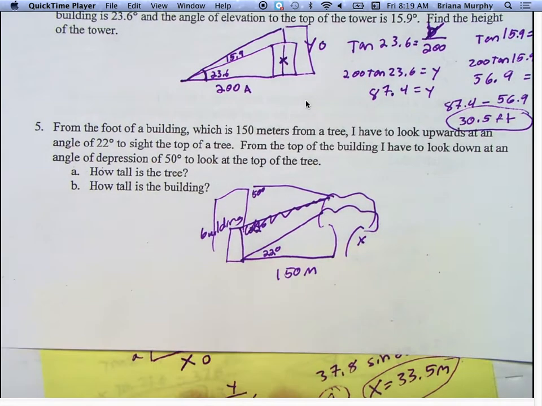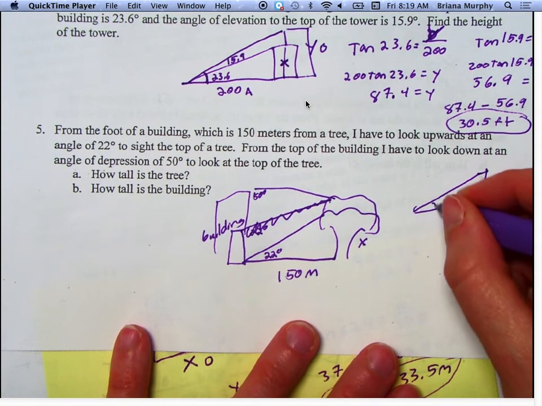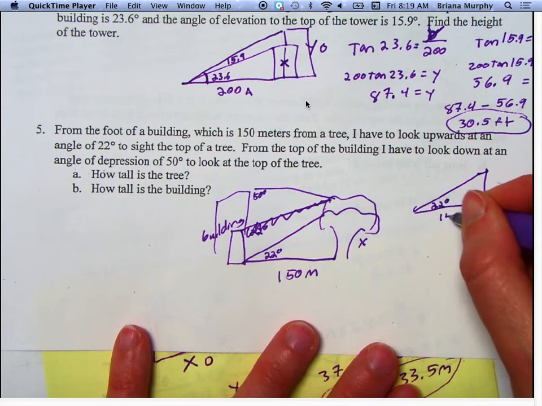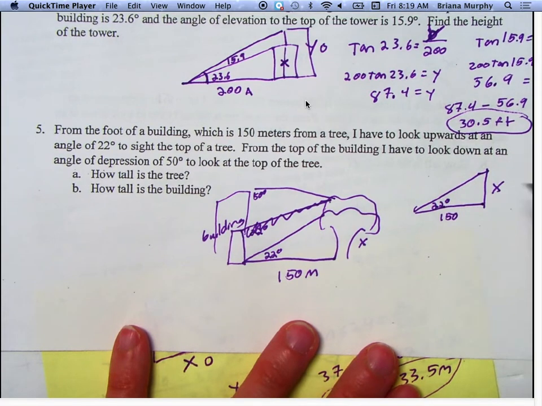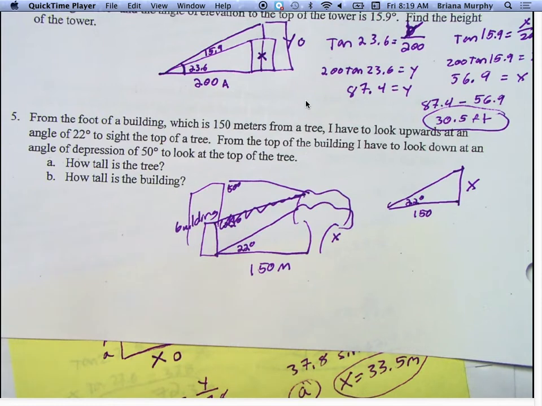Okay, so I've just got this angle then. I can do this: 22 degrees, 150 meters, and I'm looking for my tree. What is this going to be? Opposite, adjacent, or hypotenuse? It says I have to look upward at an angle of 22 degrees to sight the top of my tree.